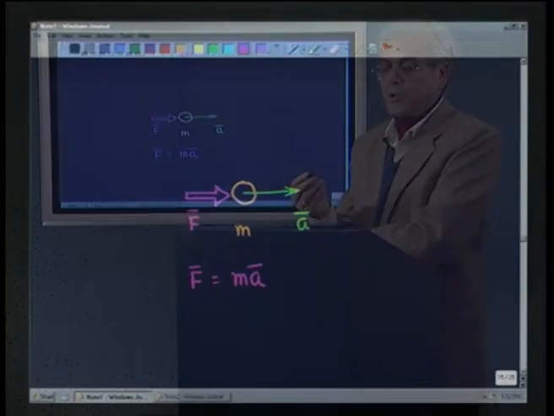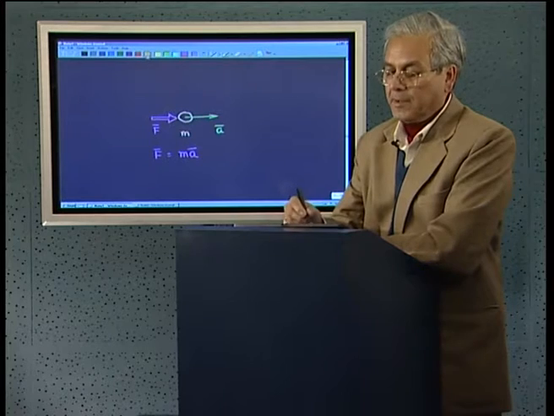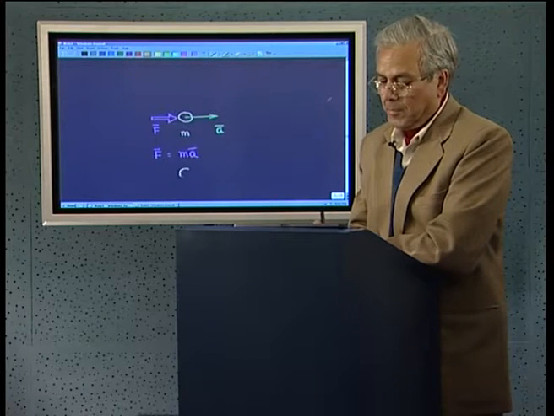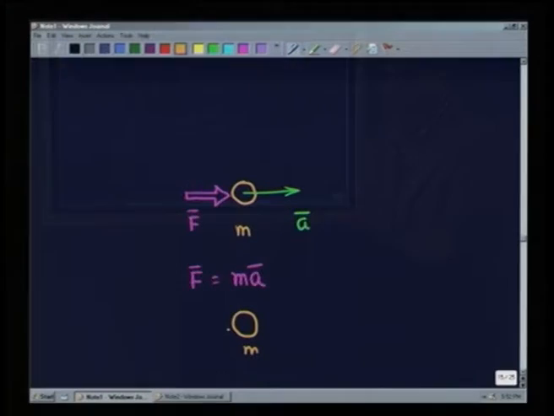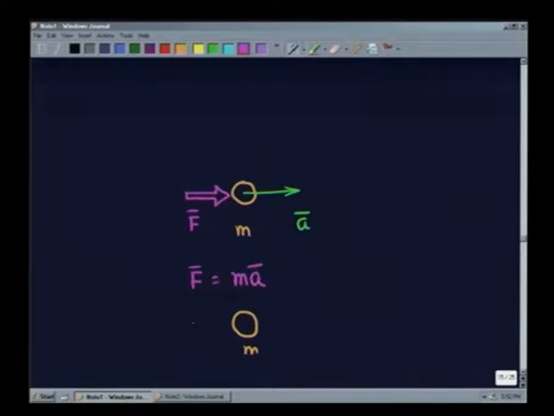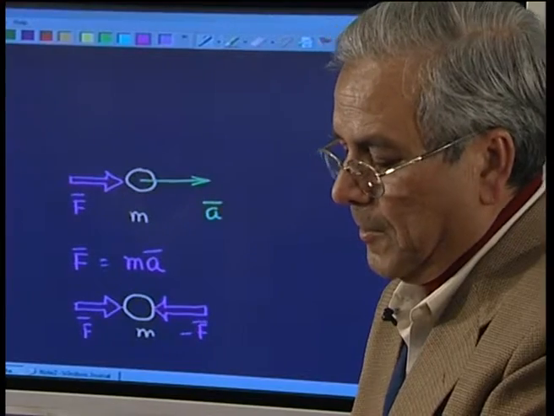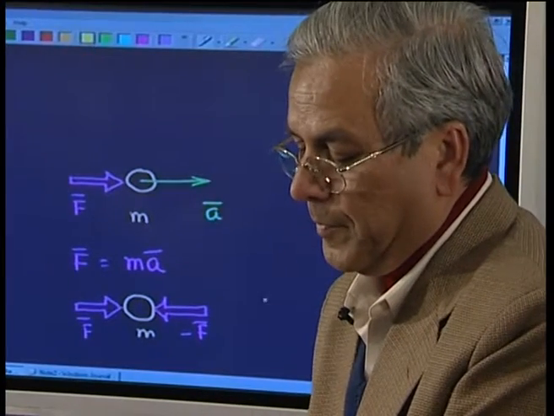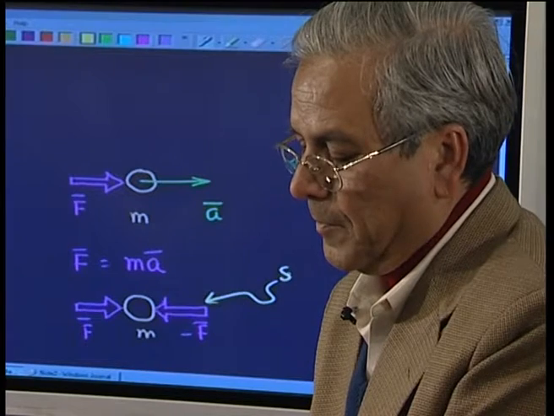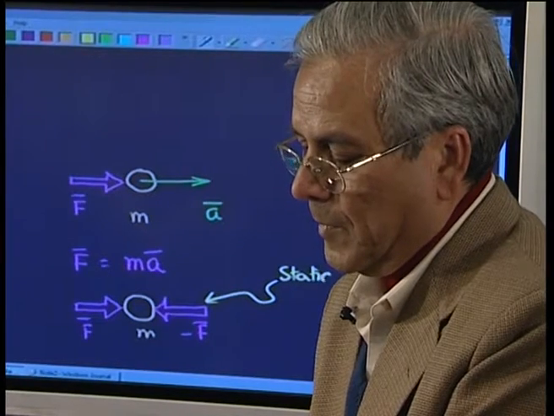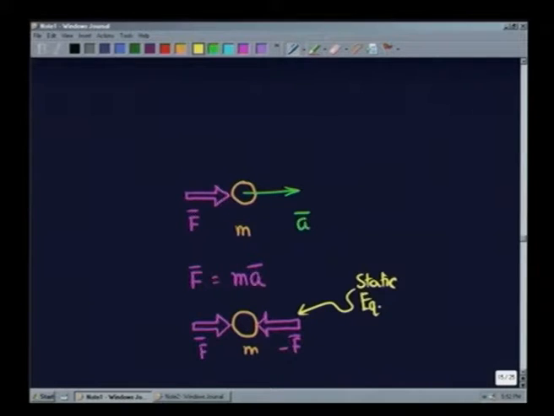Now, it is almost trivial if I say that if this particle of mass m is acted upon by this force F, and another force minus F, the system is in equilibrium. It is almost a trivial statement.